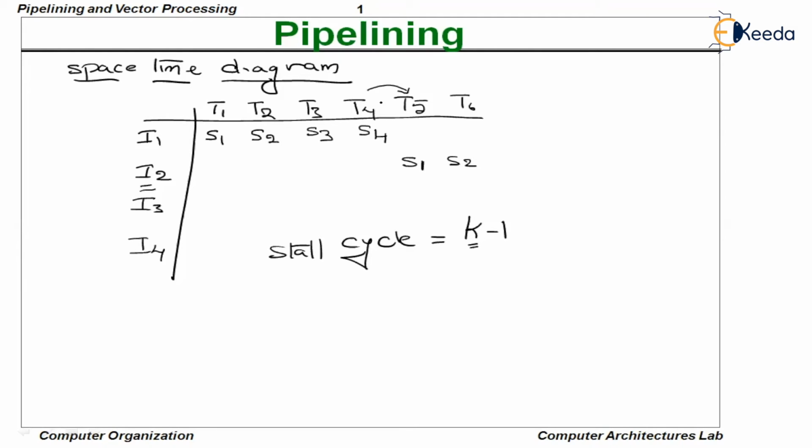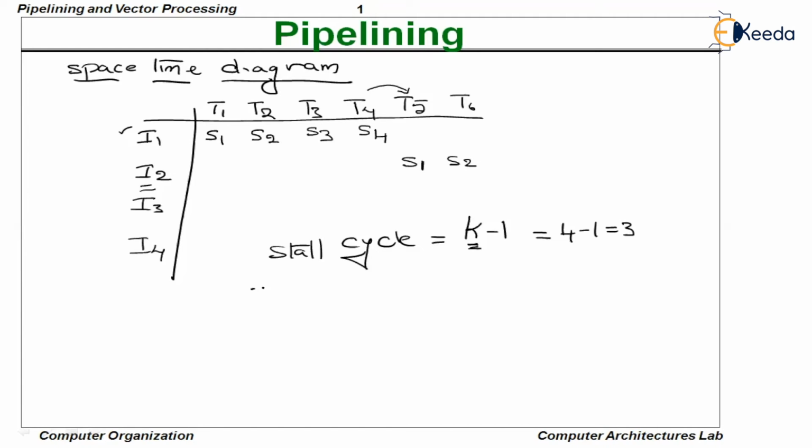The fourth segment will be finished for I1 in the end of the fourth clock cycle and the beginning of the fifth clock cycle. So the stage is equal to 4, K is equal to 4. So K minus 1 will be equal to 4 minus 1, that is equal to 3. K is the segment number till which the second instruction will have to wait.